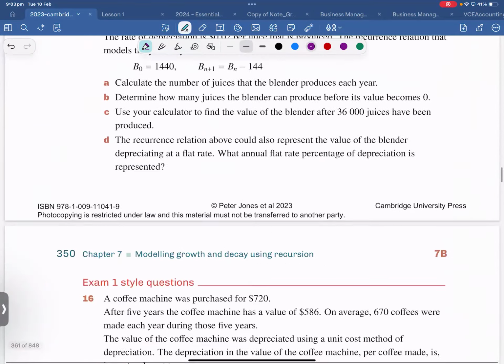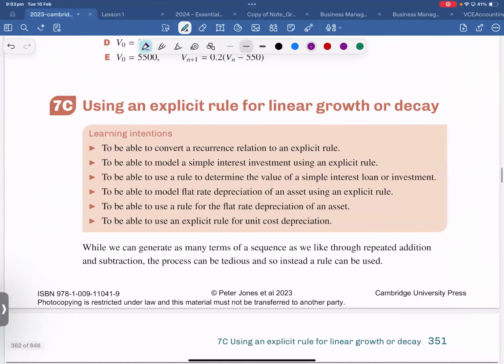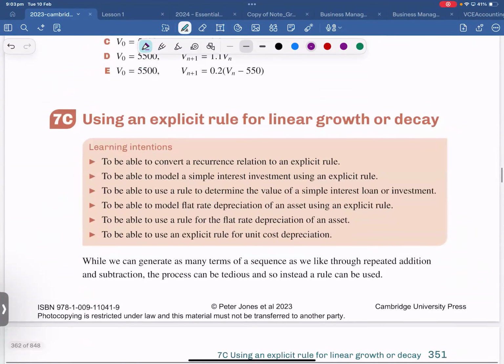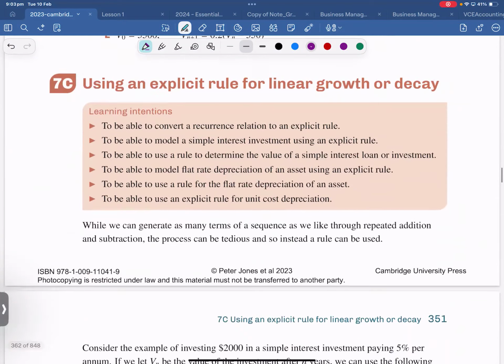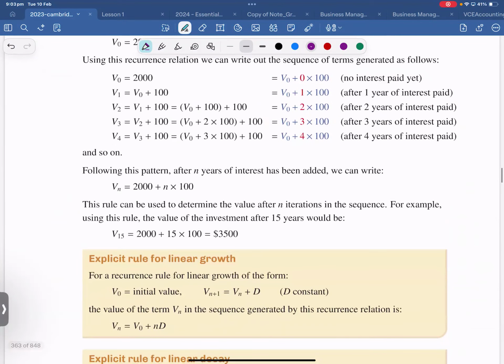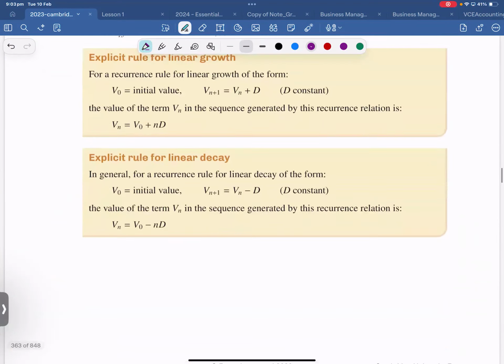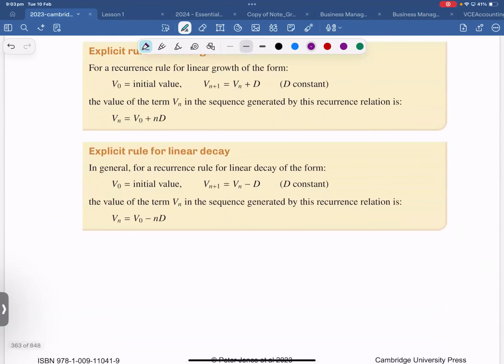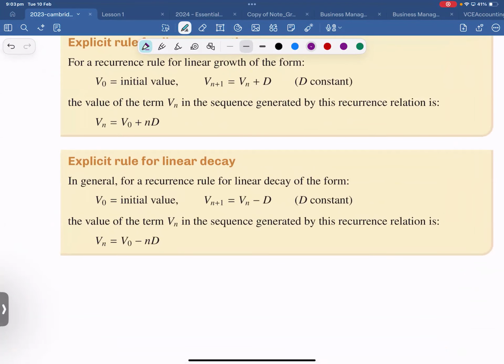Then using an explicit rule for linear growth. Same thing that we said. What about examples? Do I just write the yellow parts? Yes, you can.